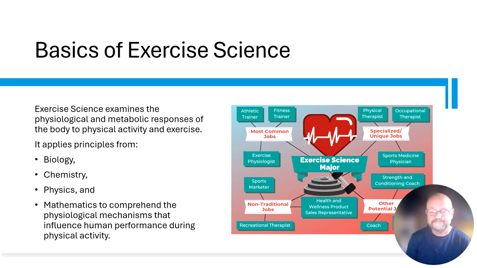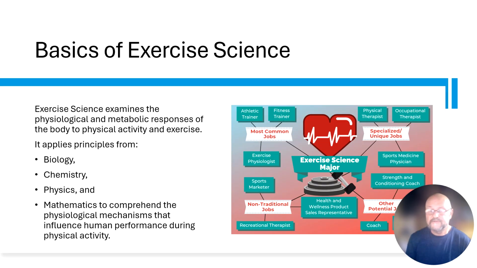In the diagram, there's a brief summary of the different fields that exercise science majors can enter into. Very commonly, people with exercise science majors move into the sports arena, so they become fitness trainers, athletic trainers, exercise physiologists, physical education teachers.